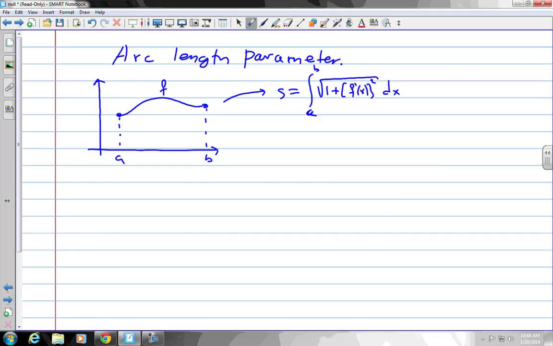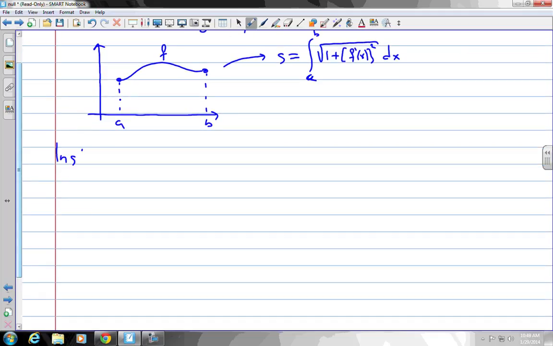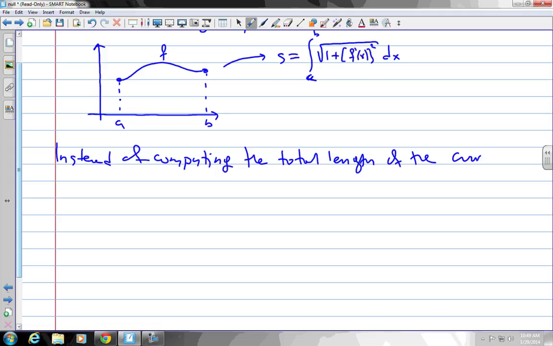Well, now, what I want to play with, instead of computing the total length of the curve from x equals a to x equals b, so instead of computing the length, we're actually going to stop at some point, well, let's call it t.